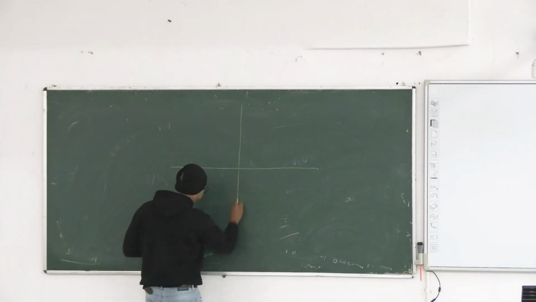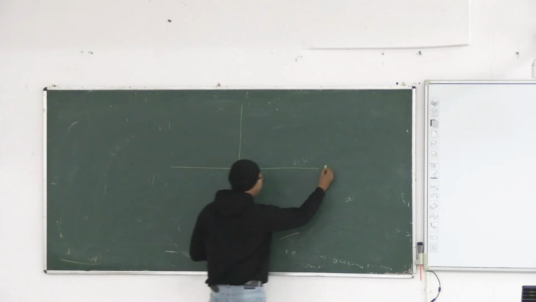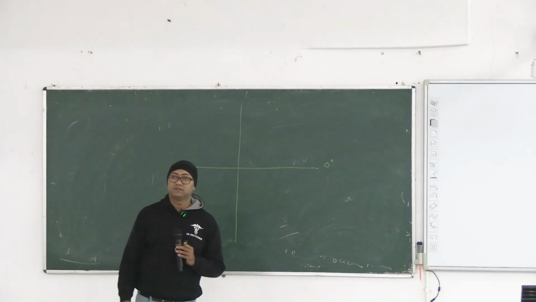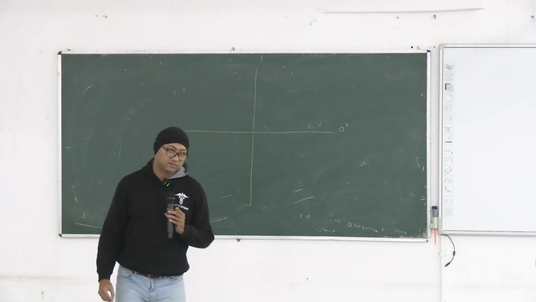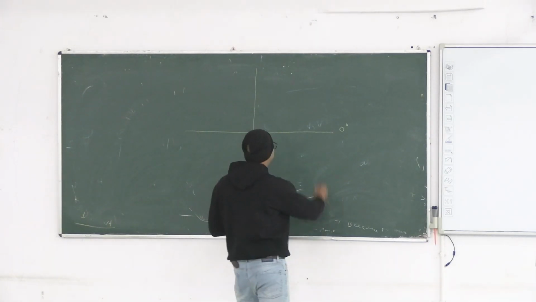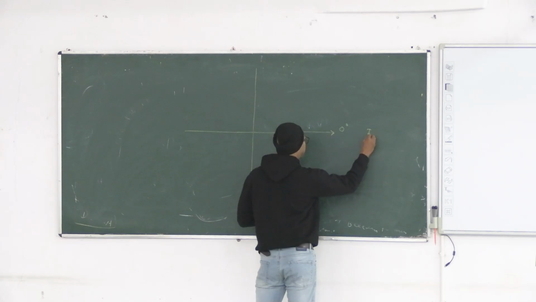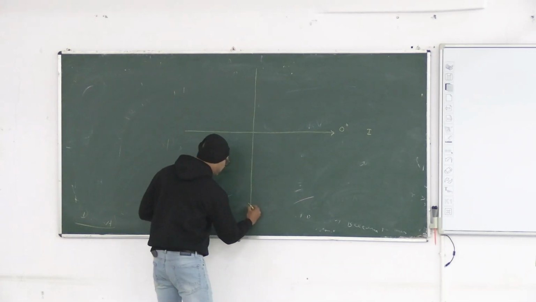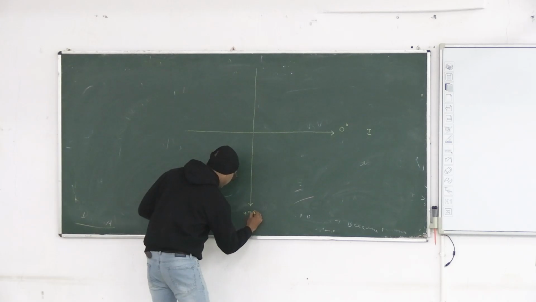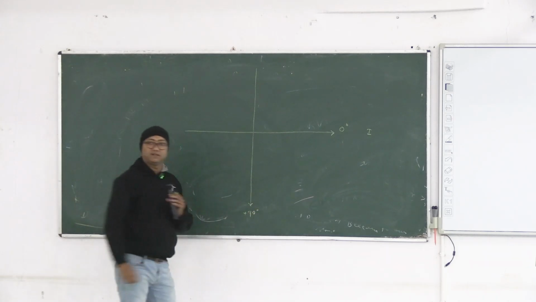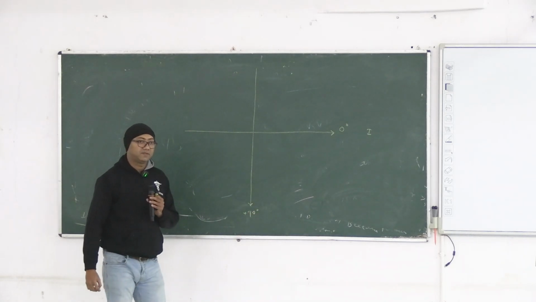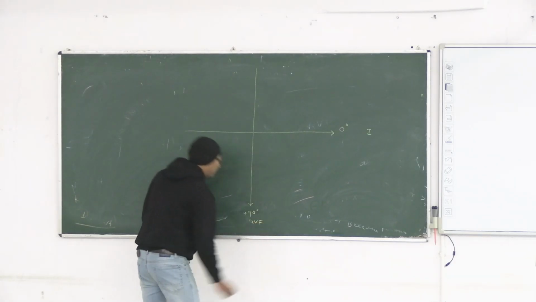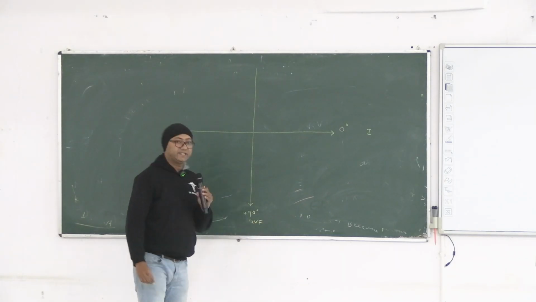Draw the graph. So, this is 0 degree, where you have lead 1. Now, this is plus 90 degree, and plus 90 degree is lead AVF. Now, I need to draw lead 2.